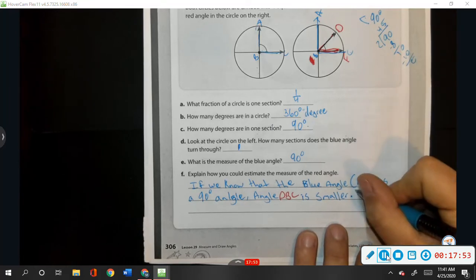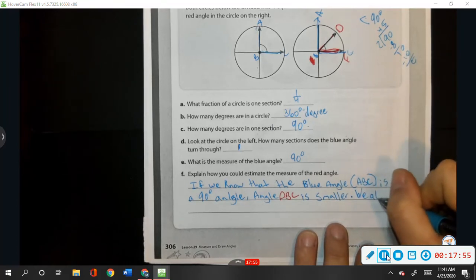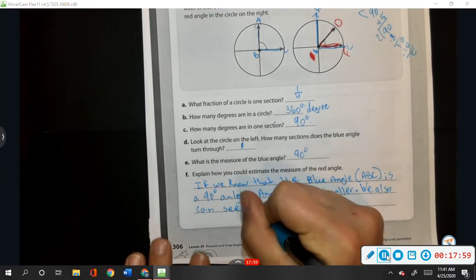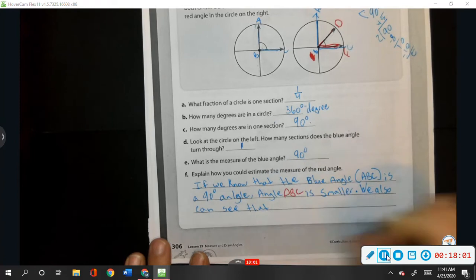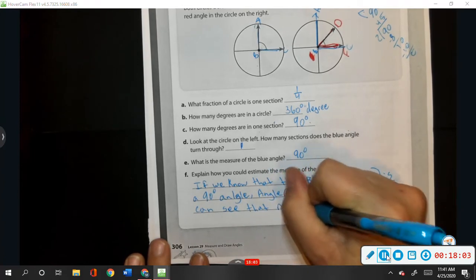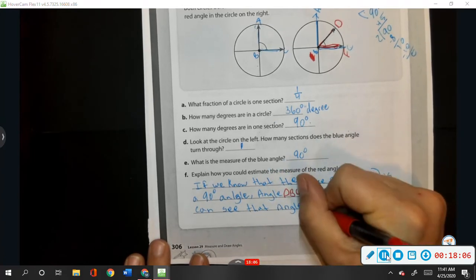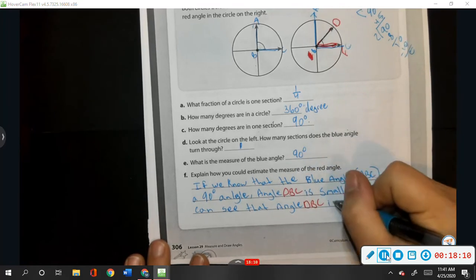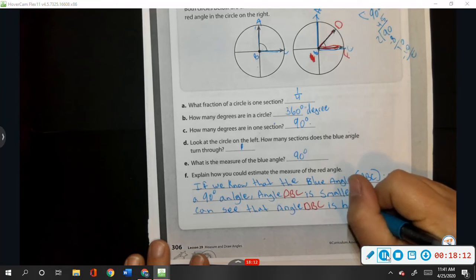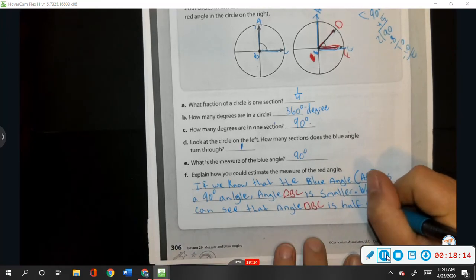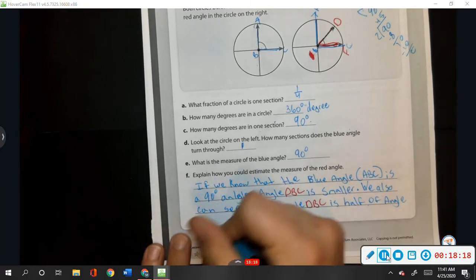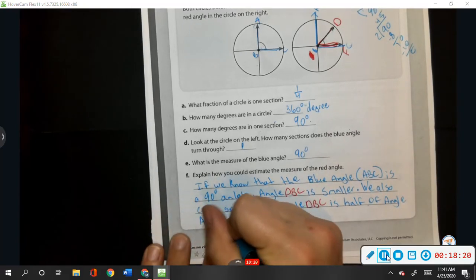We also can see that angle DBC, or the red angle, is half of angle ABC, or the blue angle.